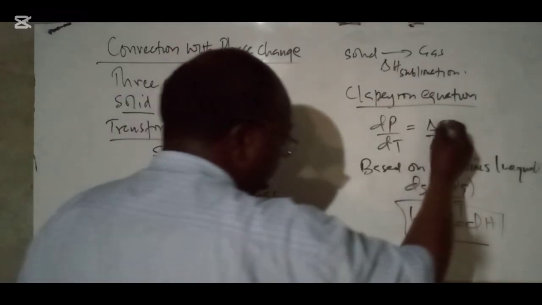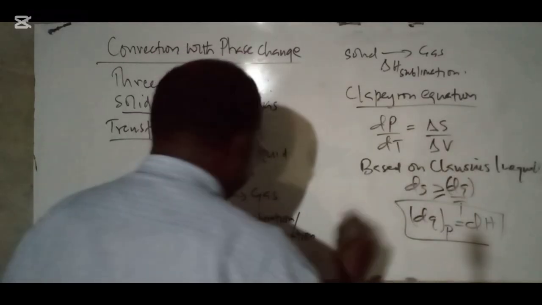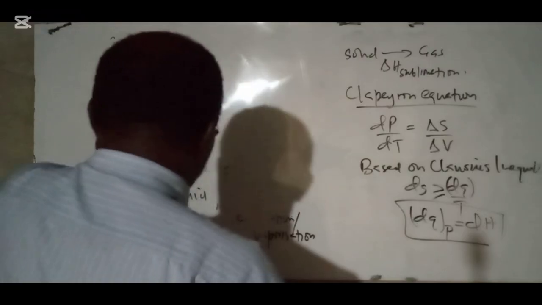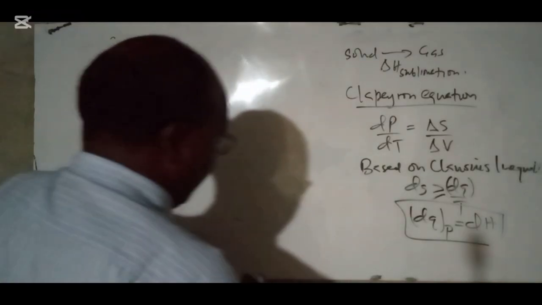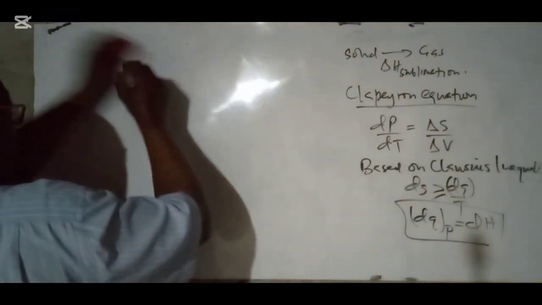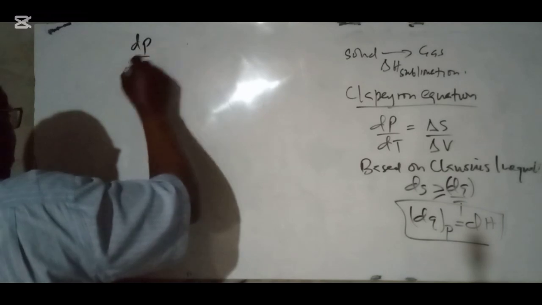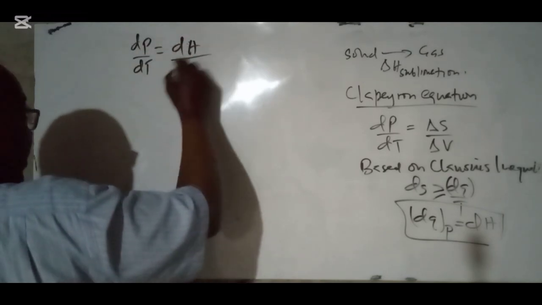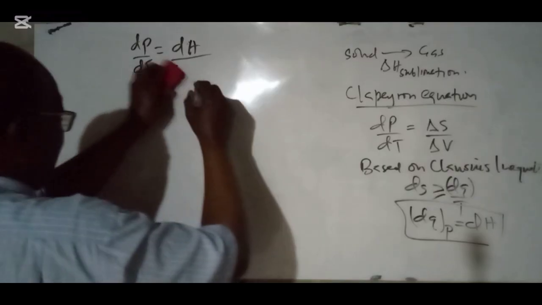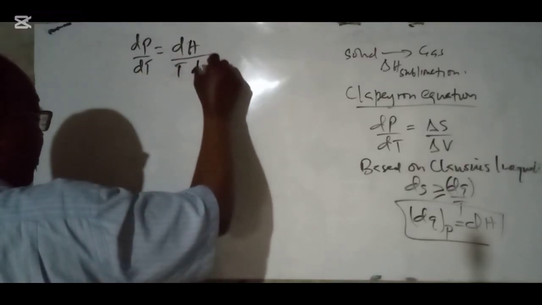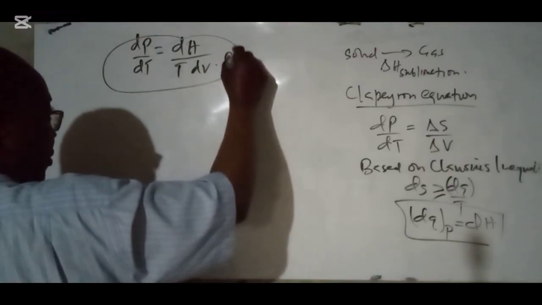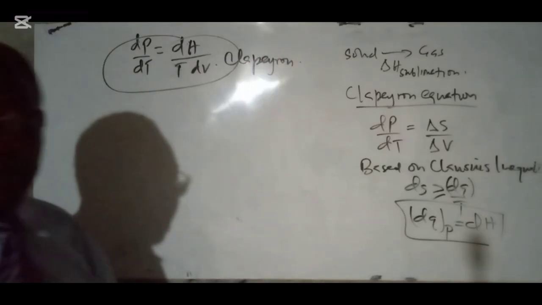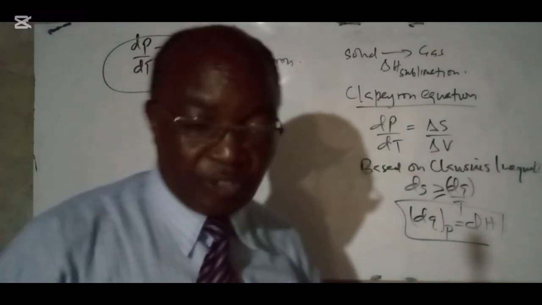So in place of delta S, we can put that, and dP by dT will therefore be dH over T dV. This is the Clapeyron equation, and it's very important in the construction of these boundaries involving phase transitions.